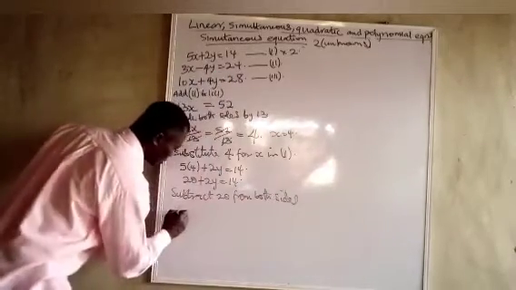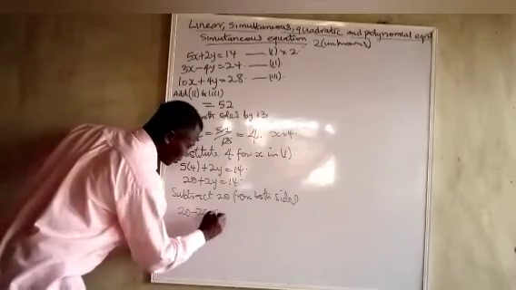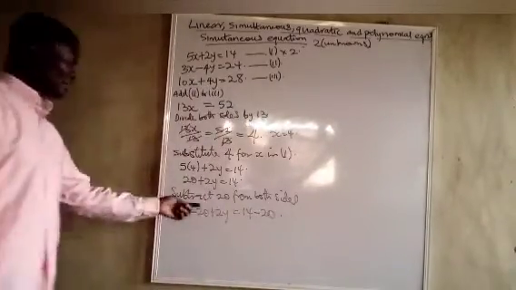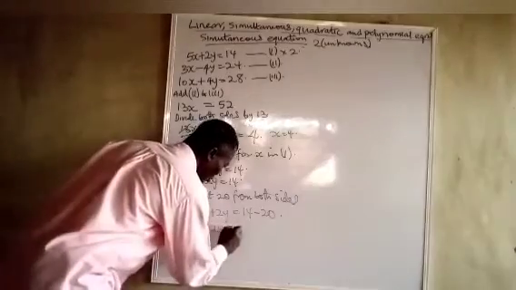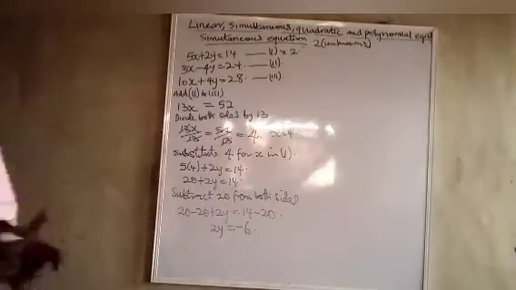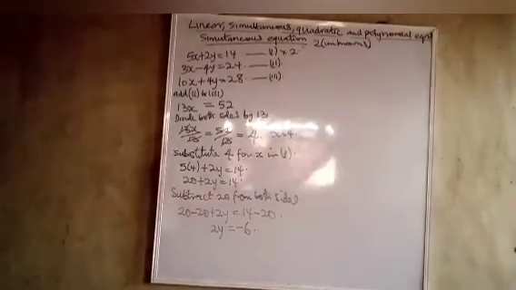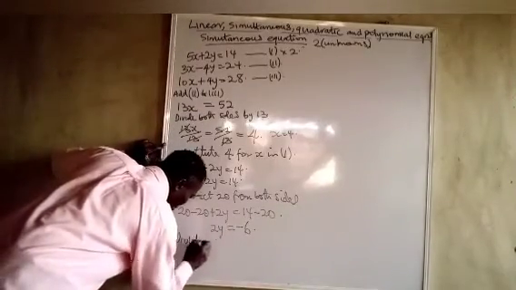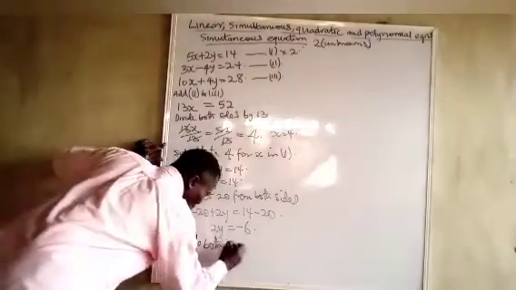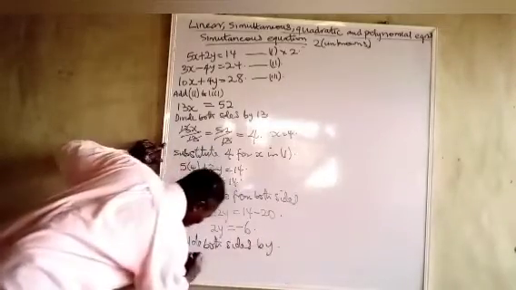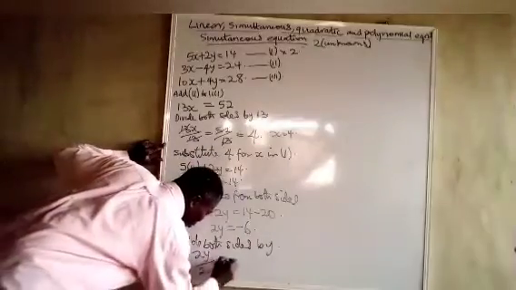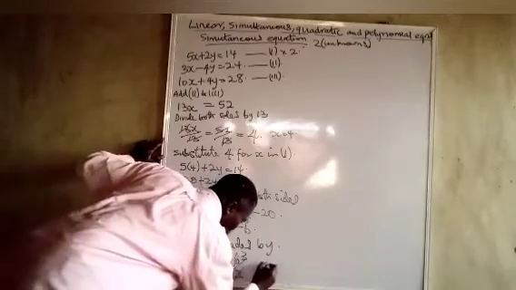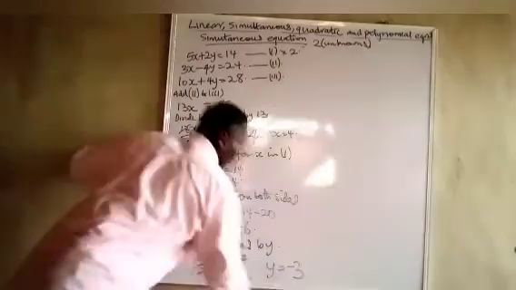So that's going to give me 20 minus 20 plus 2y is equal to 14 minus 20. And that will give me 2y is equal to minus 6. Then divide both sides by 2. So I have 2y over 2 is equal to minus 6 over 2. So y will be equal to minus 3.